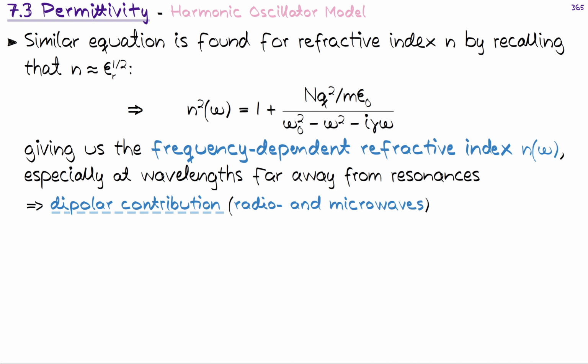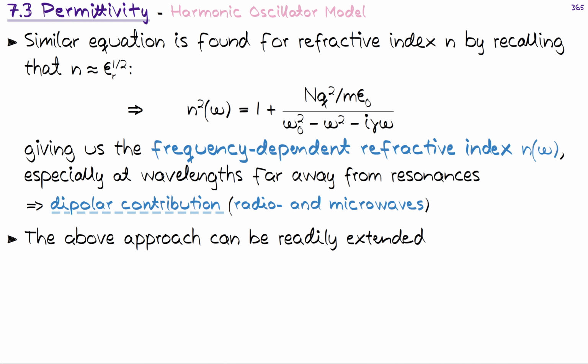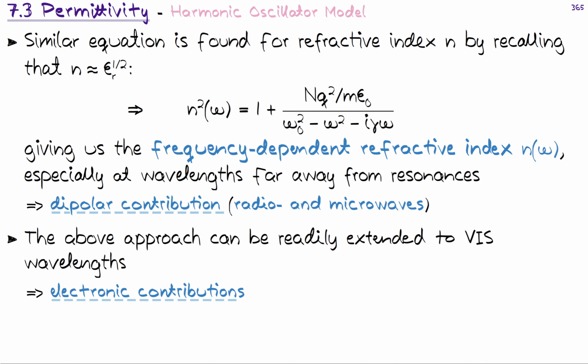And of course, the Lorentz model we have described, a single damped harmonic oscillator, can easily be generalized to visible wavelength regimes, and we could also include electronic contributions into the mathematics we have described. We would do this by having several resonances in our system. Please note that here we only had a single oscillator, a single resonance associated with a given resonance frequency and a given damping term.